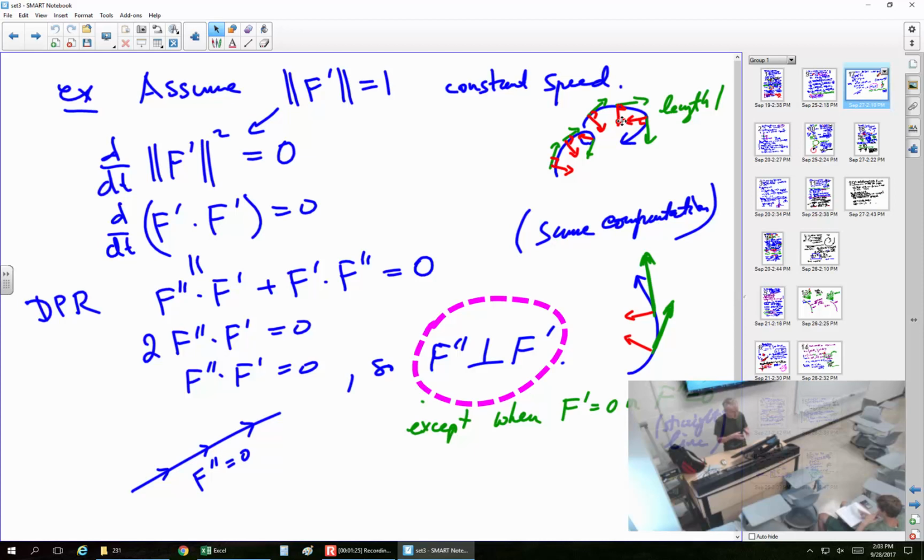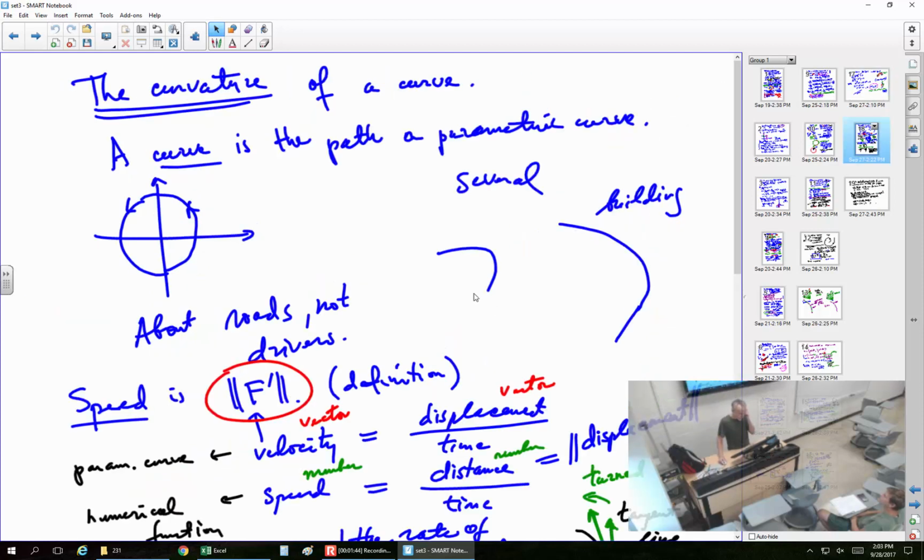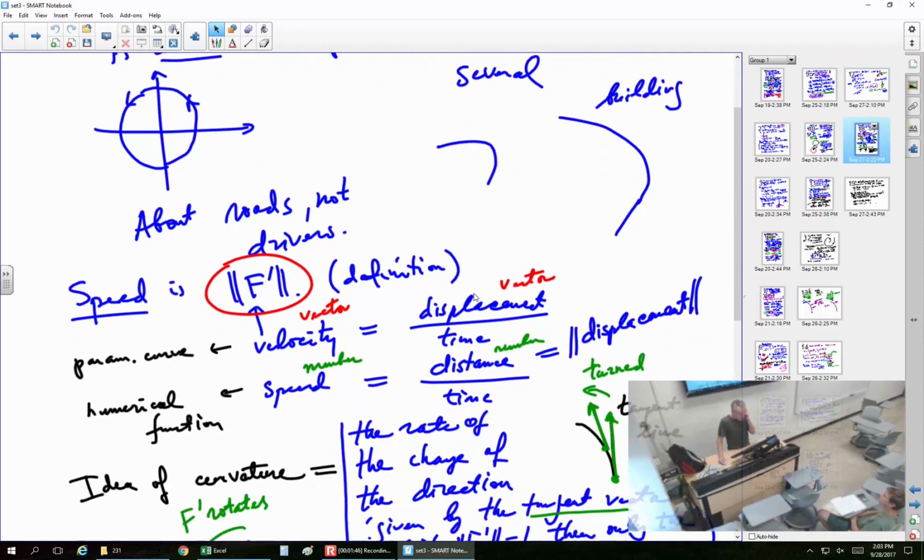We take out the constant speed. It allows us to take the speed out of consideration and only concentrate on the change of direction as far as velocity is concerned. And that is how you study the underlying curve itself, as opposed to studying the parametric curve.